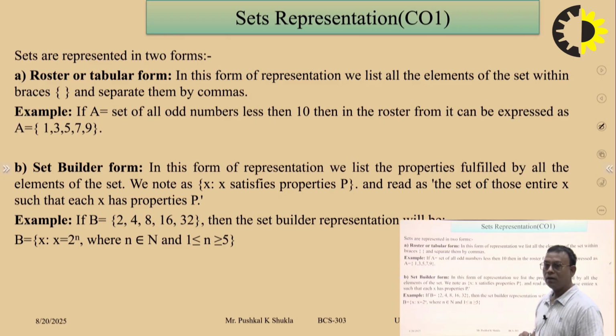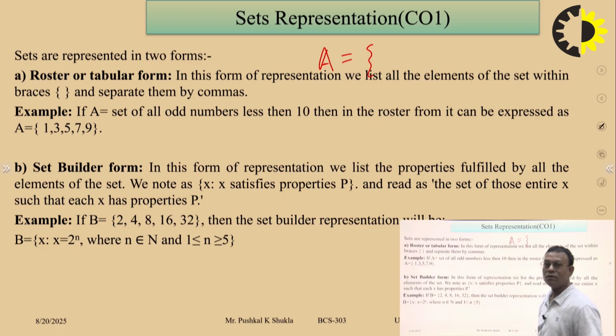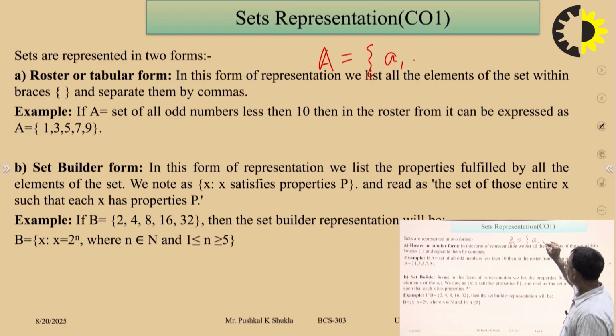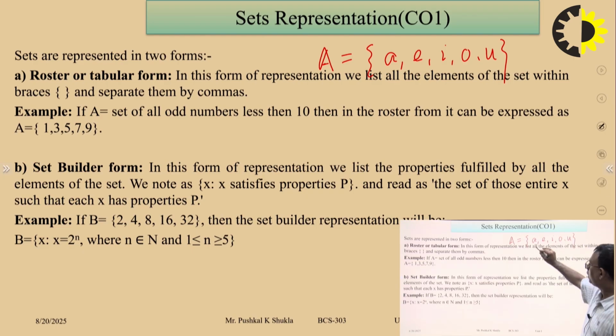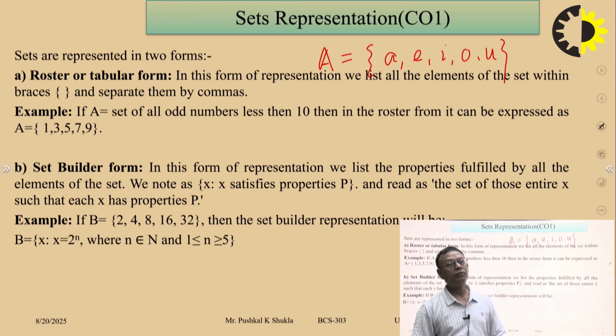For example, the set of vowels of the English alphabet is named as a set A equal to {a, e, i, o, u}. We list the elements one by one, separated by commas and enclosed within braces. This form of representation is known as roster form or tabular form.